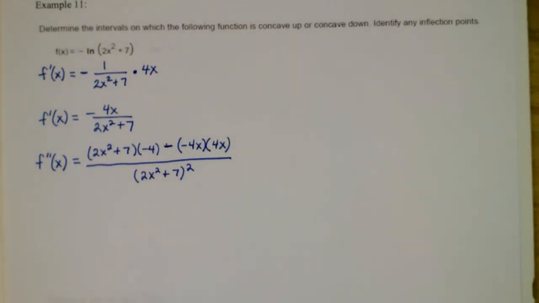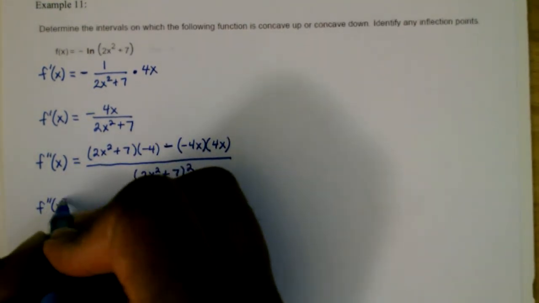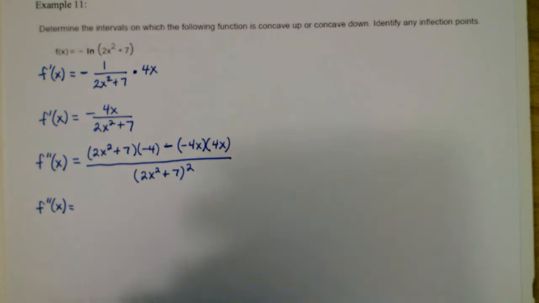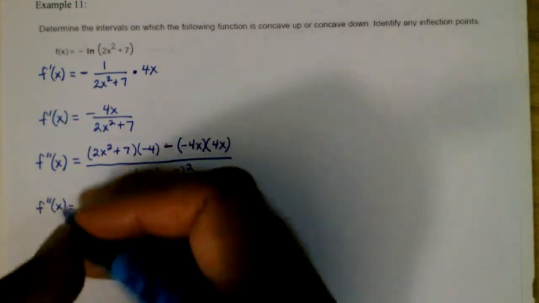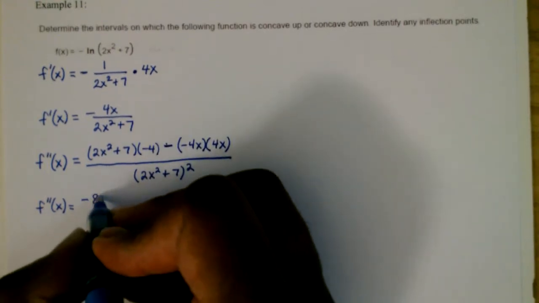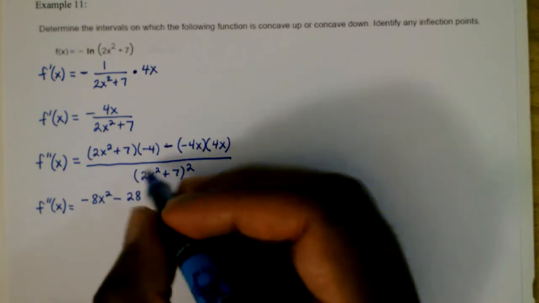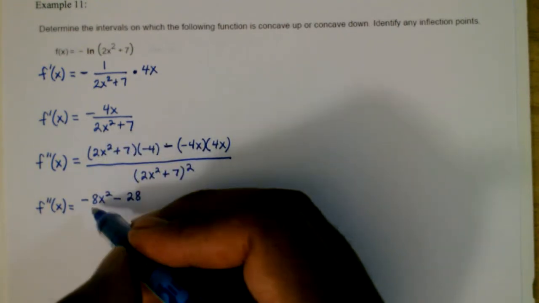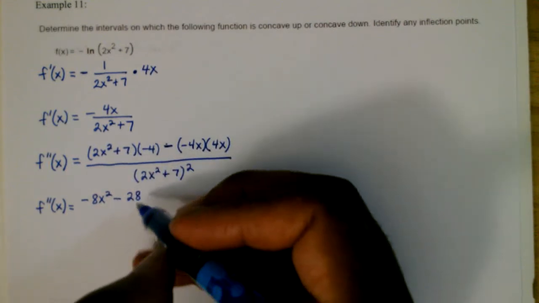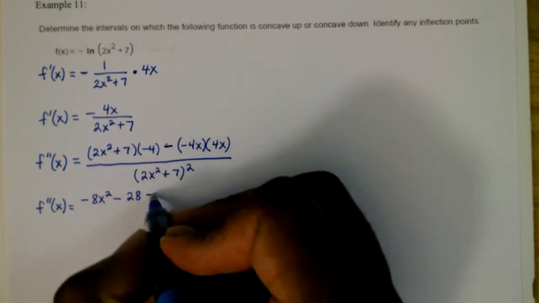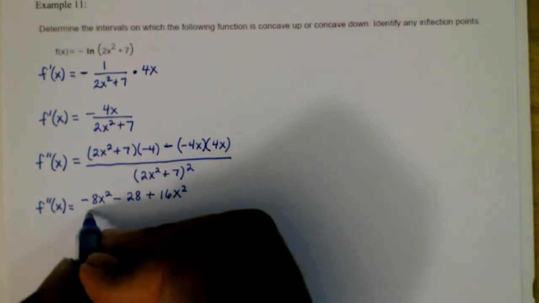Now let's simplify the numerator the best way we can. So here f double prime of x will be, if I distribute the negative 4 over the 2x squared plus 7, this will be minus 8x squared minus 28. Negative 4 times the 2x squared will be negative 8x squared. Negative 4 times the plus 7 will be minus 28. Now, minus a negative will be a plus. 4x times 4x will be 16x squared.